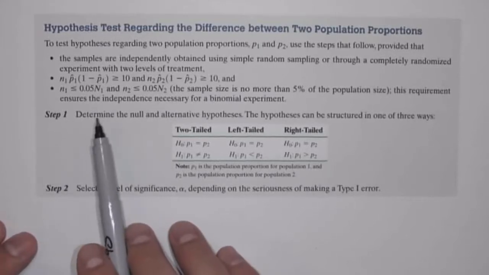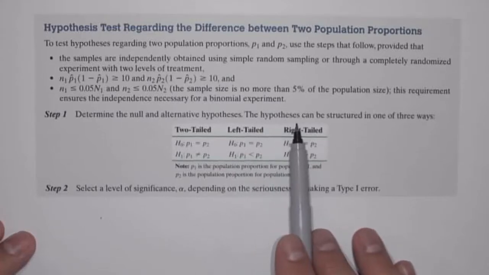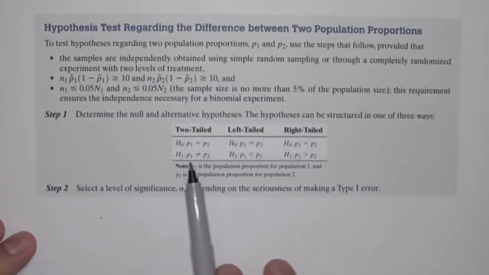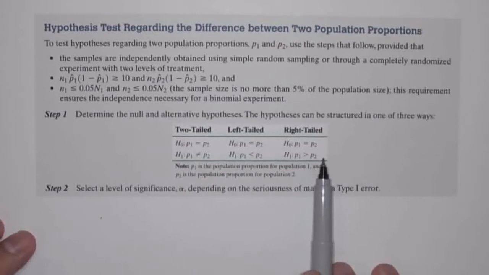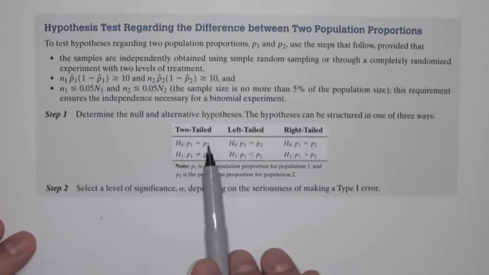Step 1. Determine the null and alternative hypotheses. The hypotheses can be structured in one of three ways. Now this is similar to what we've done before, but not the same. So our null hypothesis is going to be that the two proportions are equal. So we're going to assume that the two proportions are equal to each other, unless evidence convinces us otherwise.